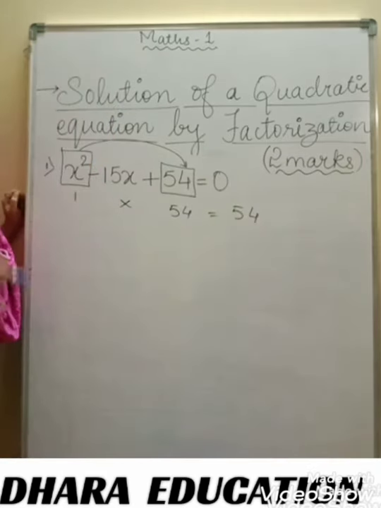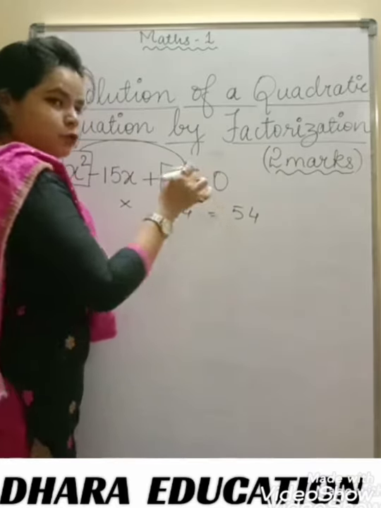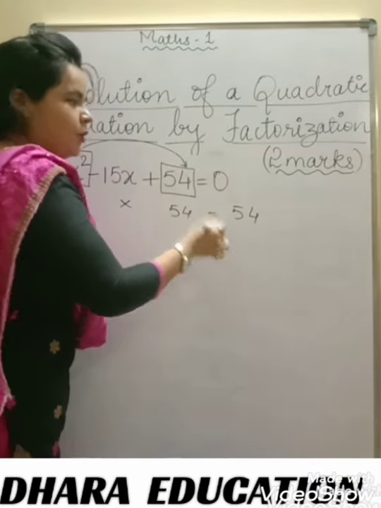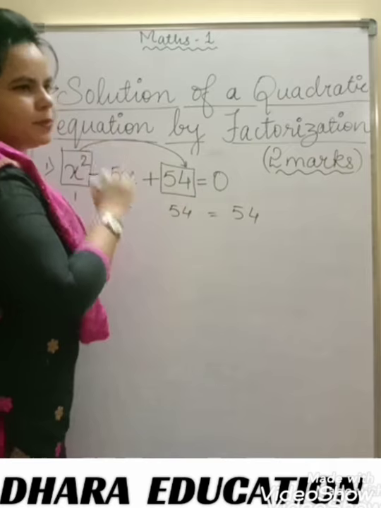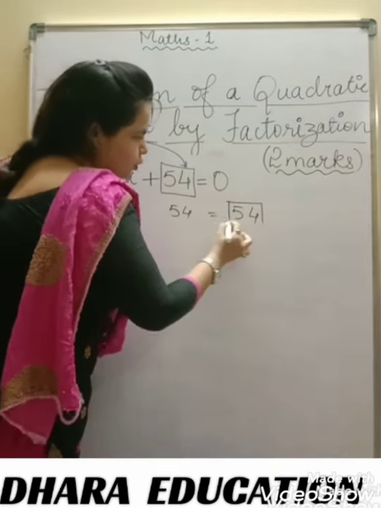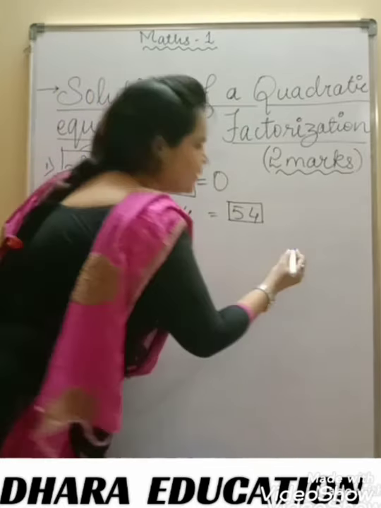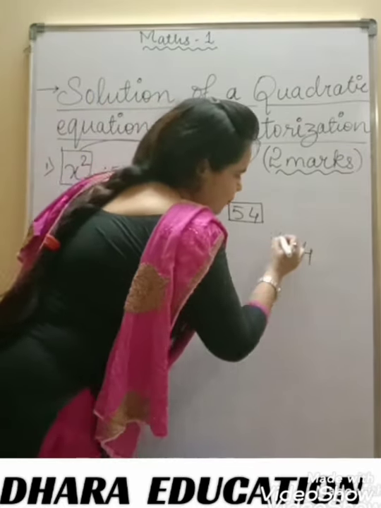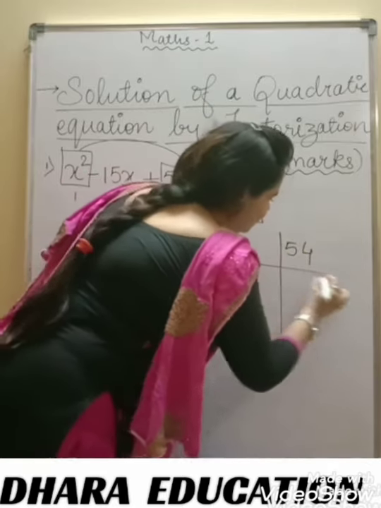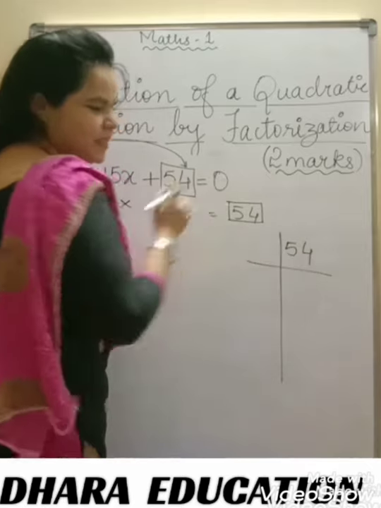Now the second step is this. We have to check the 54, in which table it comes. First we have to do the factorization properly. How to do it? Now listen. 54: the last unit, that is the ones place, is 4.